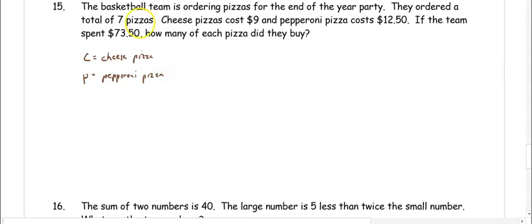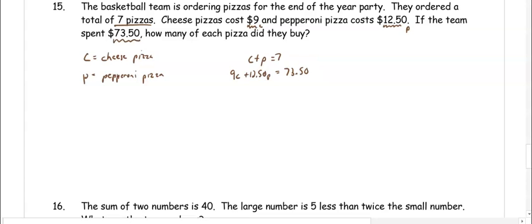So we know together they got 7 pizzas, so C plus P equals 7. They spent a total of $73.50. We need to include the cost of each item. So cheese pizzas are $9 and pepperoni pizzas are $12.50. So we have 9C plus 12.50P equals $73.50.